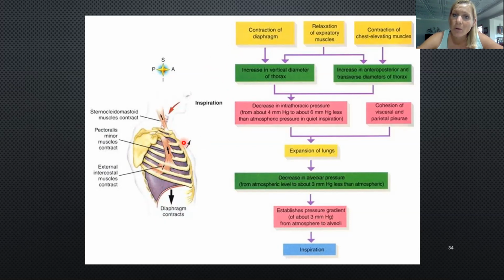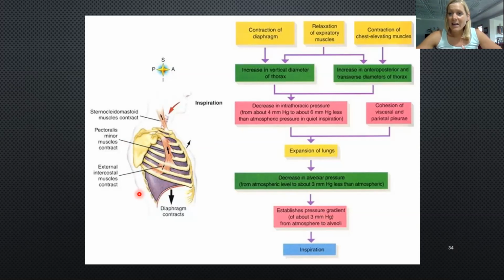Okay, so what we're going to do is contract the diaphragm. That pushes down. We're going to contract those intercostals, which are going to bring the ribs out anteriorly and up superiorly with the help of pec minor and sternocleidomastoid. And those changes are going to allow us to increase the volume, okay? Again, try it at home, right?